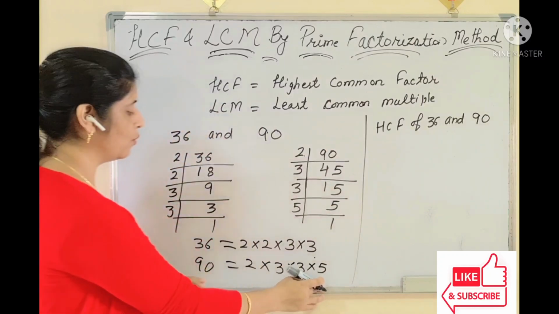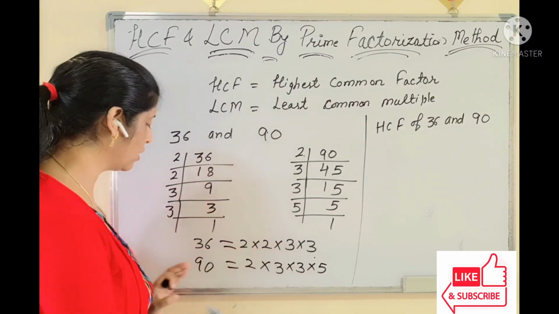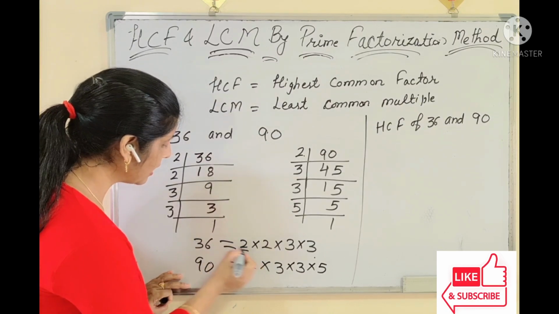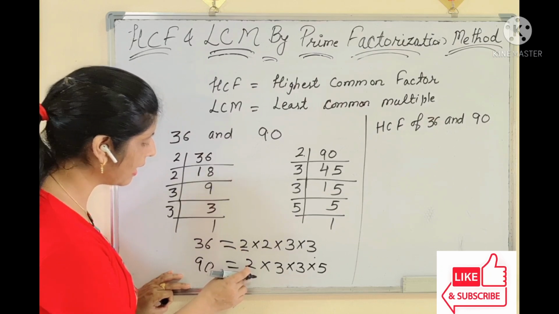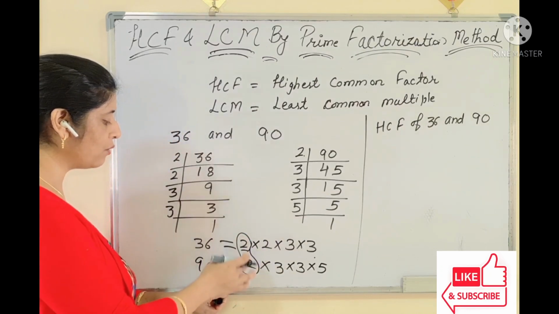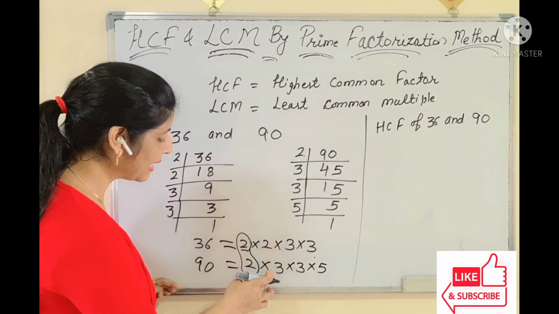So what will we do? First we will find the factors that are common in both 36 and 90. See here, we have 2 in 36 and in 90 also. So 2 is common in both the numbers, so we will circle 2. Again, in 36 we have 2, but in 90 we don't.